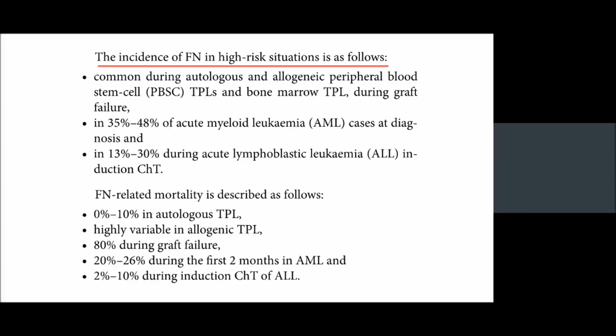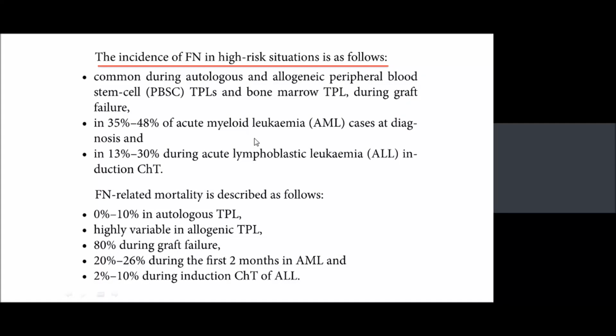Because we want to prevent things like graft rejection. So you can have patients who are immunosuppressed because their lymphoid cells, the T cells, are also taken out. Okay, right. So patients who have undergone transplant obviously have a high risk of getting febrile neutropenia.